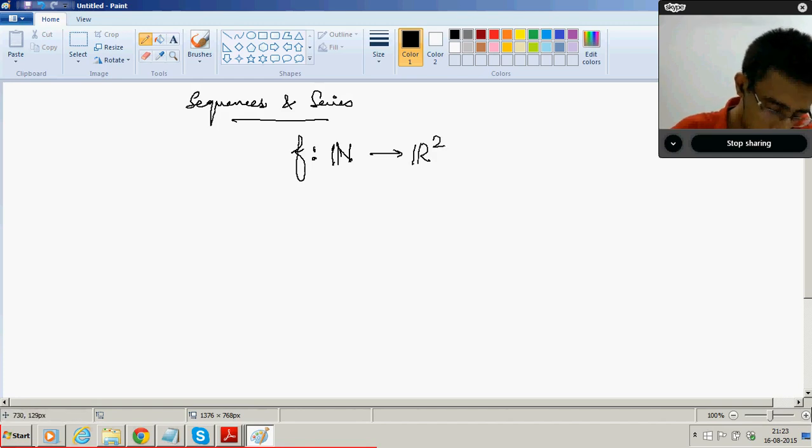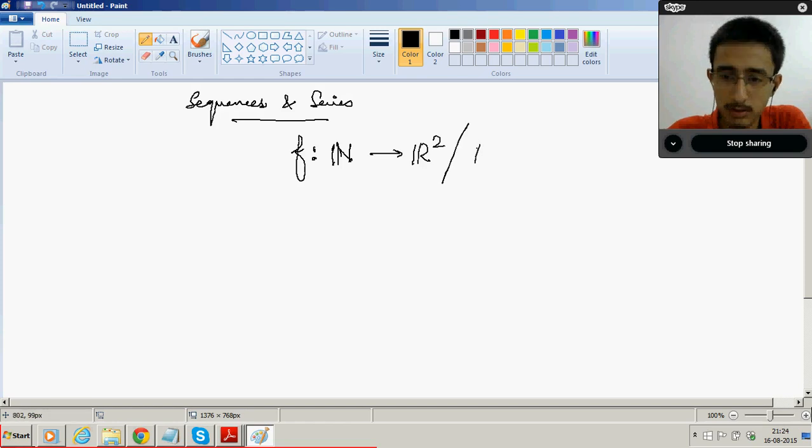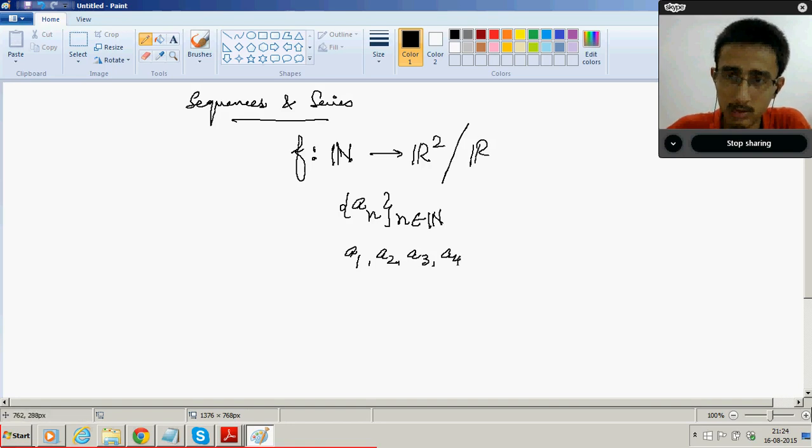At most we will study complex numbers, a sequence which is complex valued, or a sequence which is real valued. So a sequence is represented this way: A sub n, n belonging to N. But don't we say A1, A2, A3, A4 as a sequence?